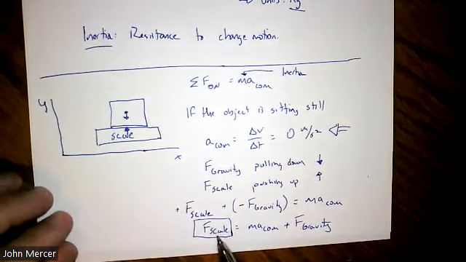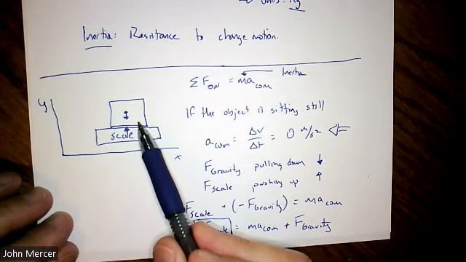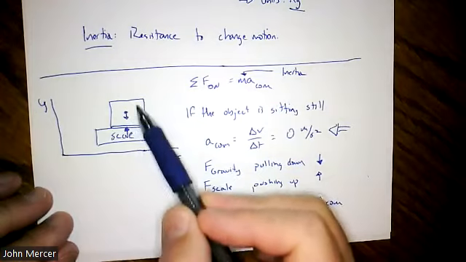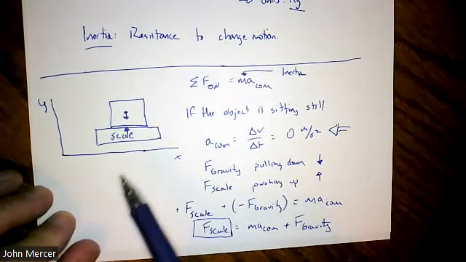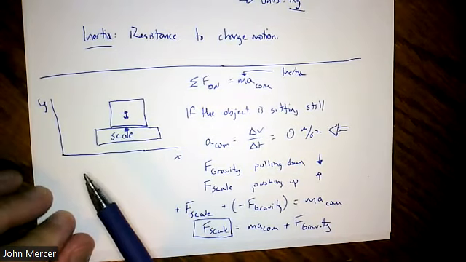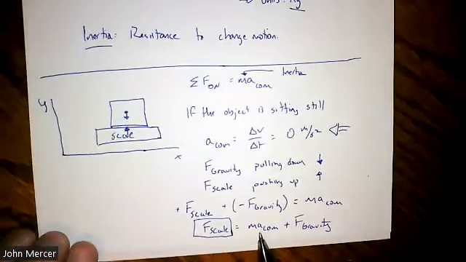And that's because this force and this force are going to add up to 0 as long as this object's not moving. If this object's moving, which we as humans do if we're standing on the scale and we move our arms, or if we squat down or stand up or whatever, if we move on the scale, this acceleration is no longer 0. And we need to account for that.